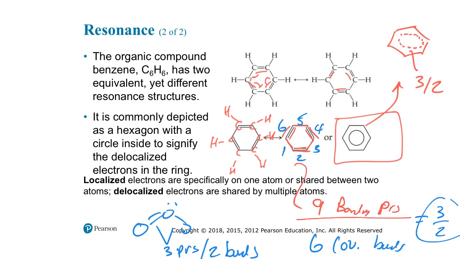But all the bonds in ozone have the exact same length. All the bonds in benzene have the same length. So the length would be single, longer than double, and then the 3/2 bond would be exactly in the middle for our benzene resonating bonds.